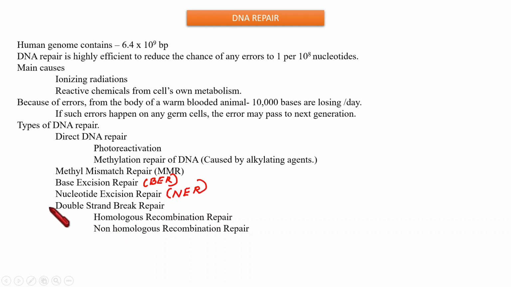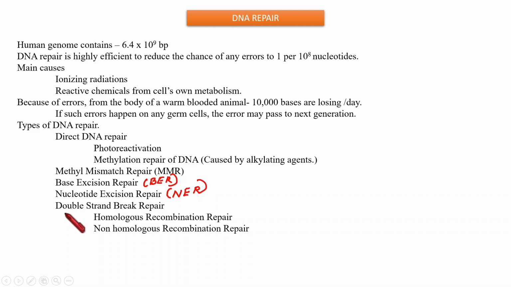And the next one is double strand break repair. Double strand break repair also is of two types: homologous recombination repair and non-homologous recombination repair. And look at the difference. Here it is mentioned that a double strand break. That means all the other methods are handling single strand breaks.